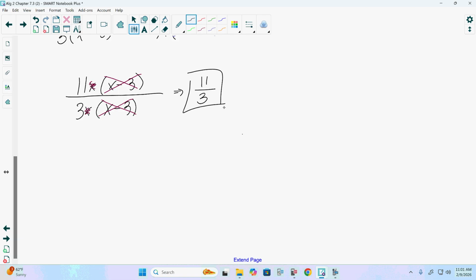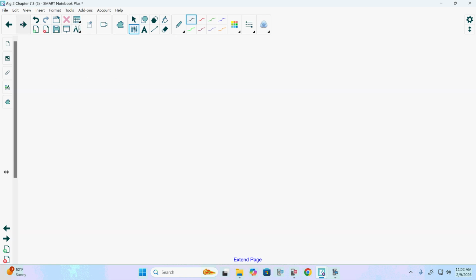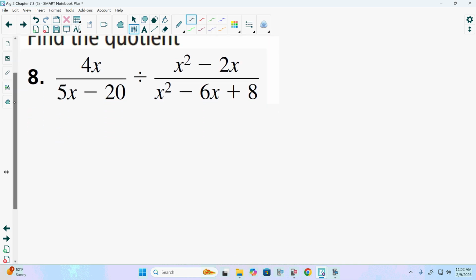Telling us this is just going to reduce to 11 over 3. Questions on this here? Now, it is not always going to work out that division simplifies to a fraction, simplifies to a single term. It just worked out that way for these last few.